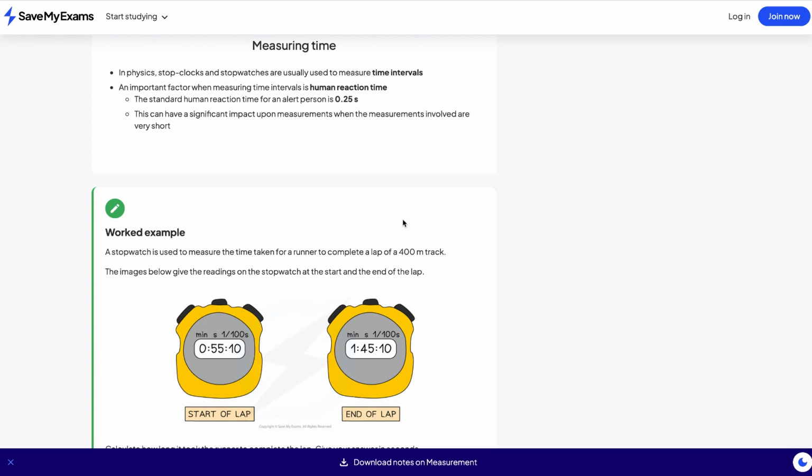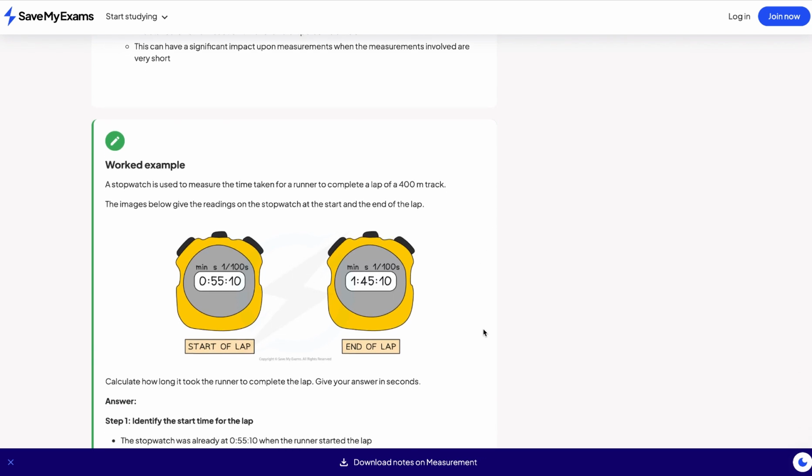For time, there are different instruments we use for measuring time. We have the stopwatch, the clock, digital clock, analog clock, and so on. A stopwatch is used to measure time for athletes who are running, like the 100 track, 200 track, 800 track.